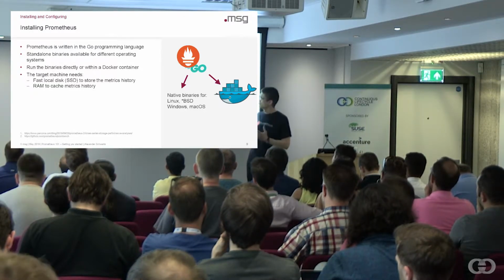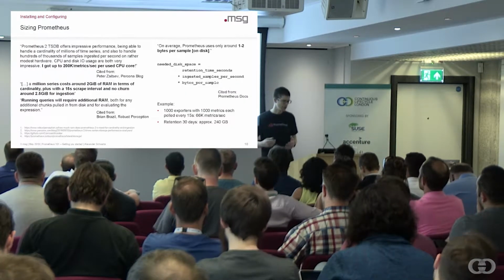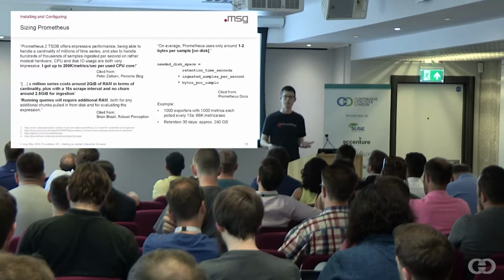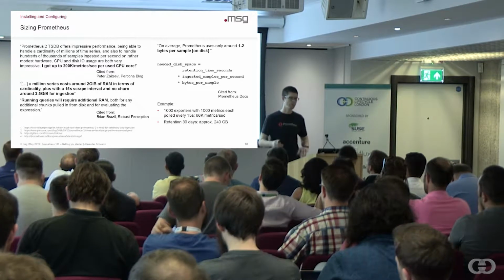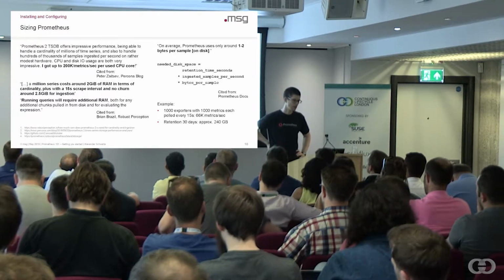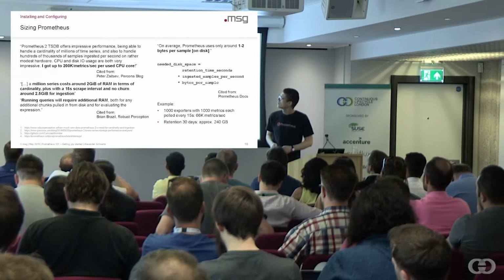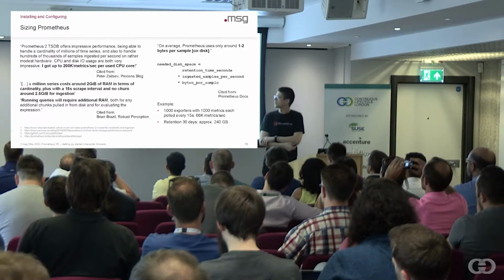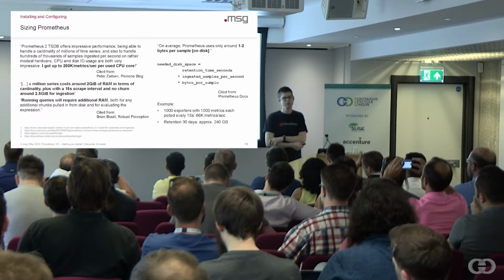So I looked up some calculations here. If you're collecting some 200,000 metrics per second, that will be about 1 CPU core. That's one of the things I found. There's also a very good memory calculator that you find on the blog of Robust Perception.